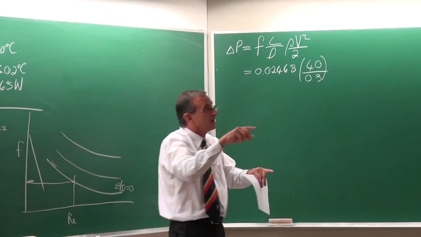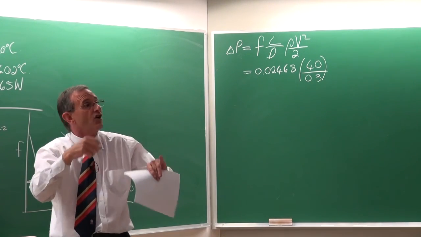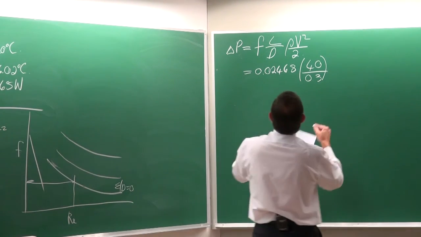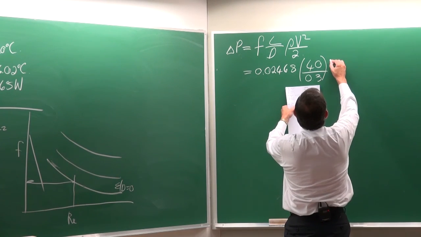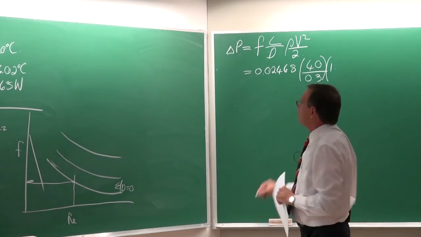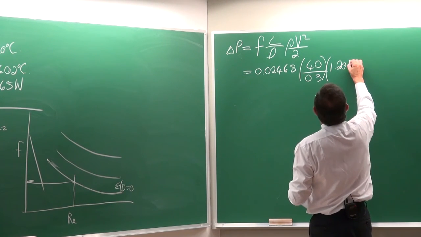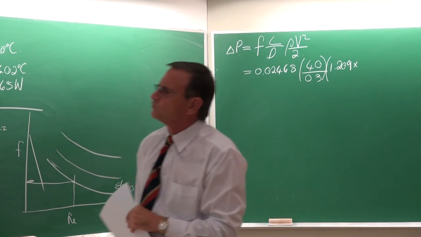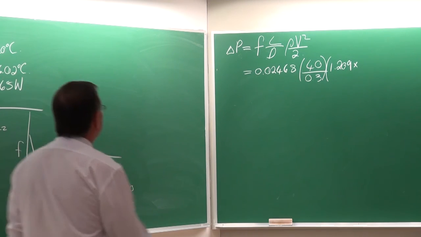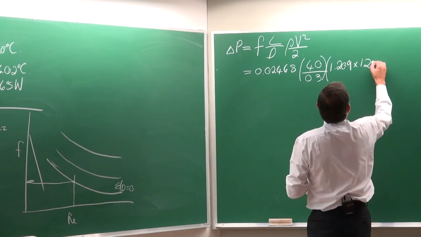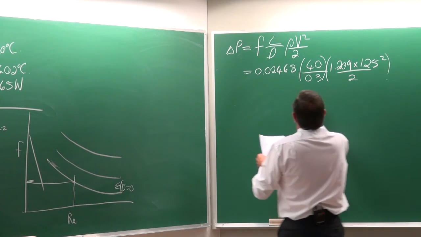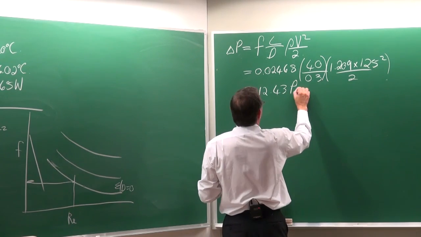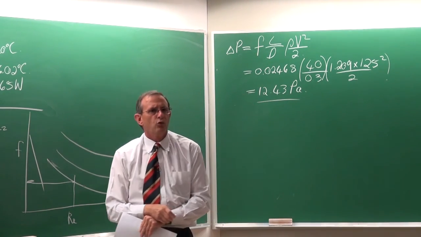Again, the friction factor, just as the Nusselt number, can be based on the hydraulic diameter if it is not a circular tube. Divided by the density, which is equal to 1.209, multiplied by the velocity, which was 1.25, squared, divided by 2. That gives us a pressure drop of 12.43 pascals.